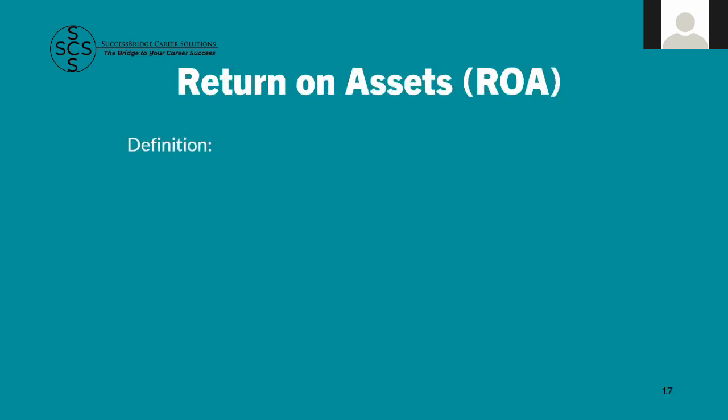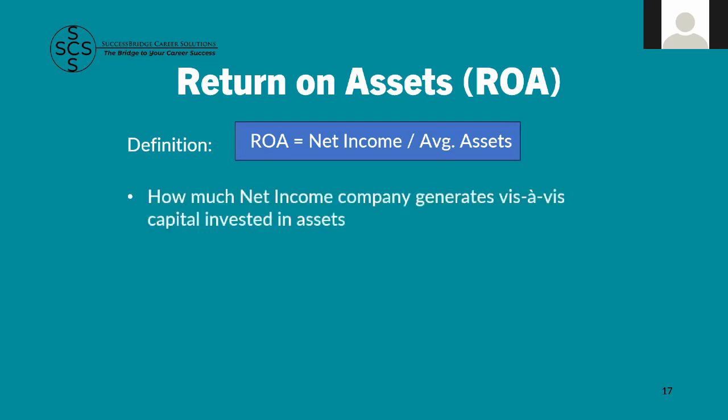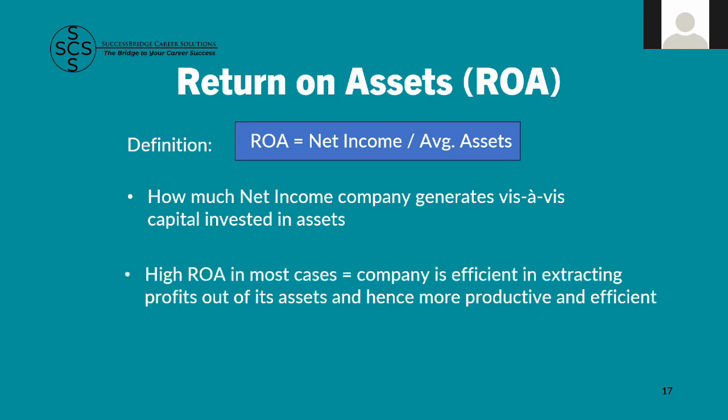Now, let us look one by one at the metrics that define profitability. First is return on assets. The classic definition of return on assets is net income divided by average assets. What does that mean? That means how much net income the company generates vis-a-vis the capital invested in assets. A higher ROA in most cases means that the company is efficient in extracting profits out of its assets, and hence it is more productive.